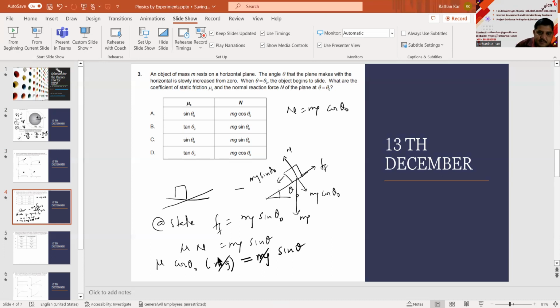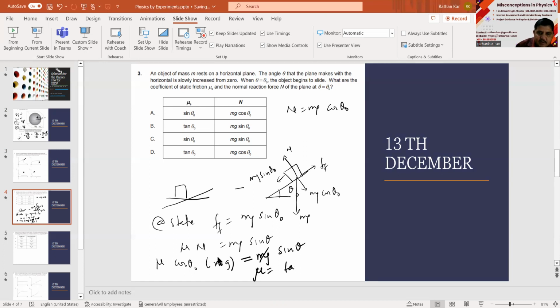This mg and this mg go away. Thus mu should be equal to tan theta 0. I missed a 0 here. So the answer is tan theta 0.